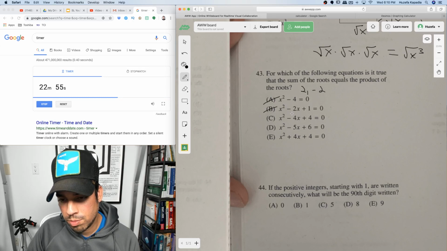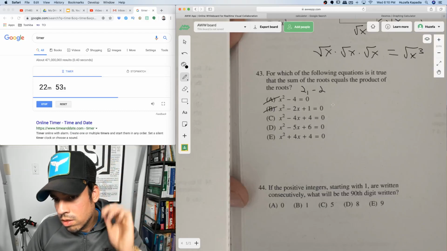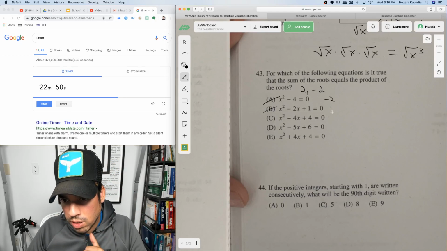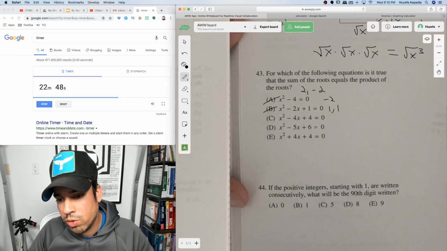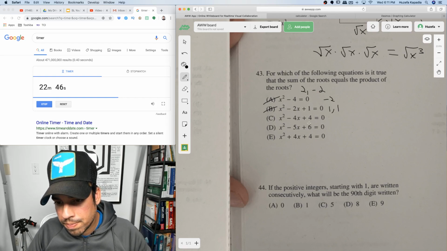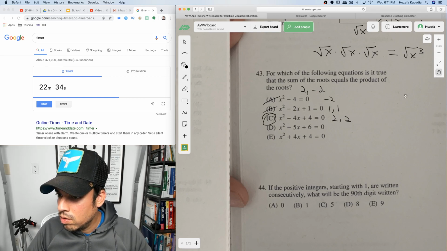Nope, because it'd be 2 versus 1. This would be negative 2. So this would be 1 and 1, double root. It's this one, I bet. It's 2, 2. Yeah, 2 times 2 is 4. 2 plus 2 is 4.